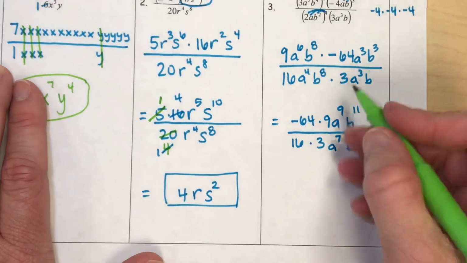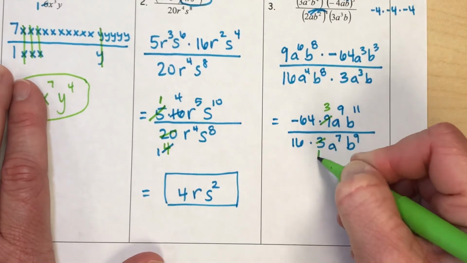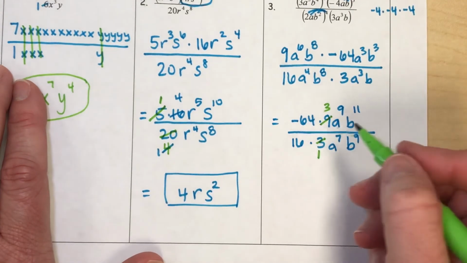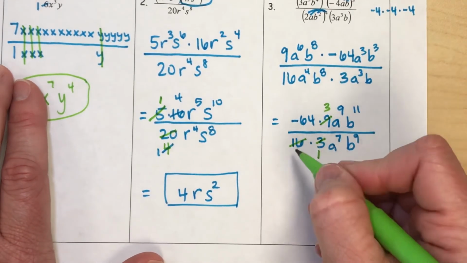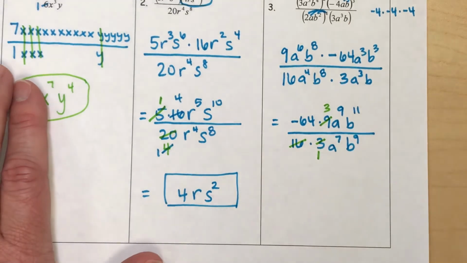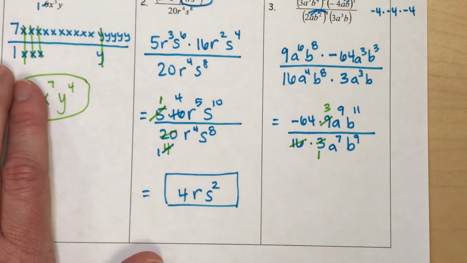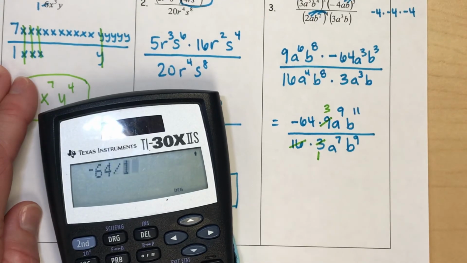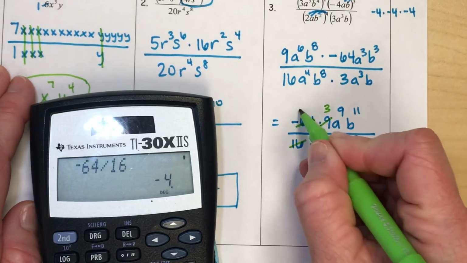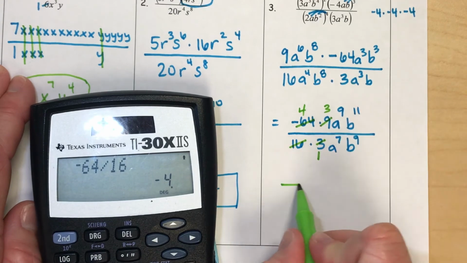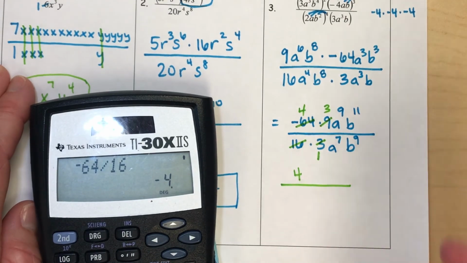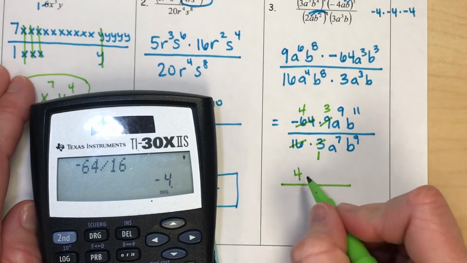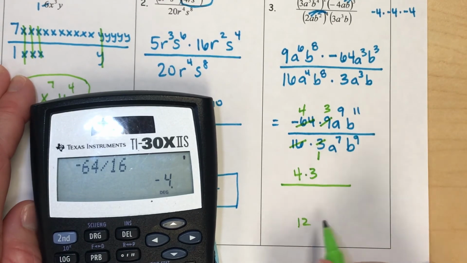Now I know I can do some canceling here. 3 and 1. 16 goes into 64, I believe, 4 times. Let me get my calculator and double check. -64 divided by 16. Yeah, 4. So 4 times 3, I get 12, sorry.